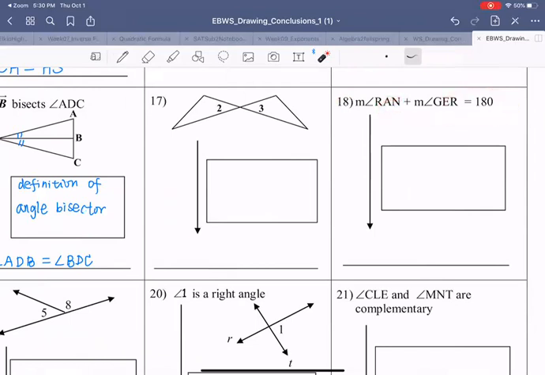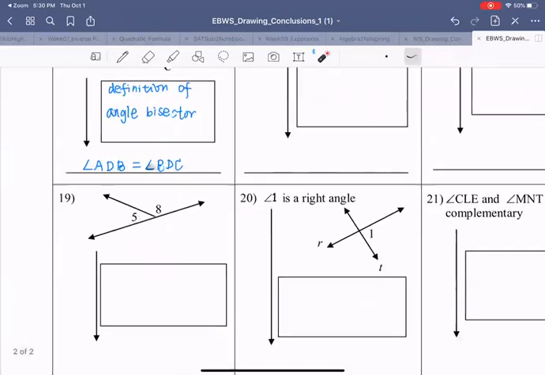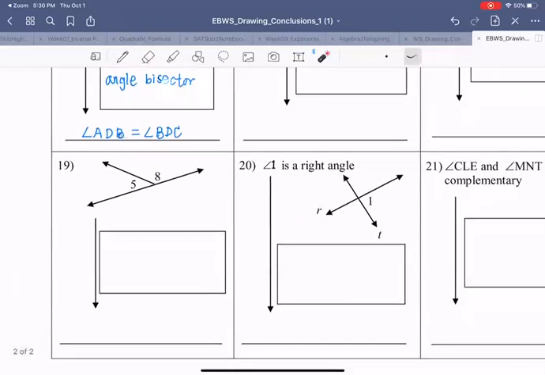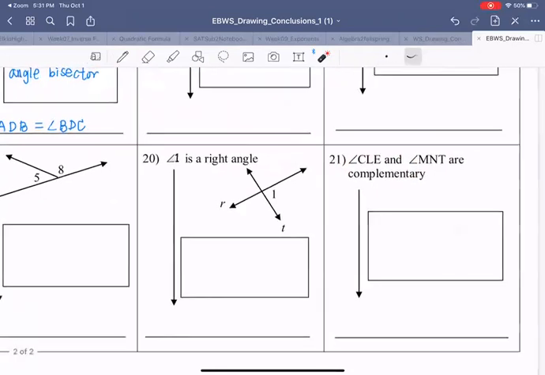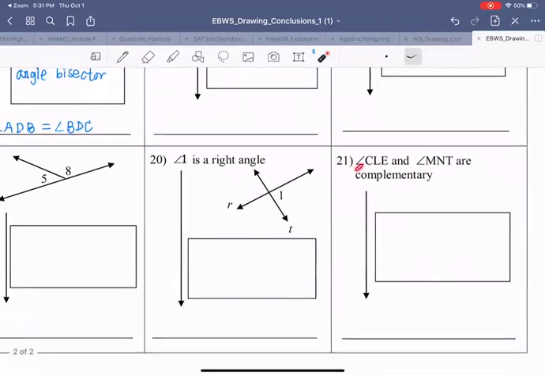And 19 is the linear pair postulate. And this one, you say these two are perpendicular, right? Yes. And this one is complementary. Same question we did earlier. The question is a repeat.